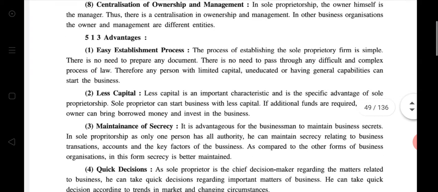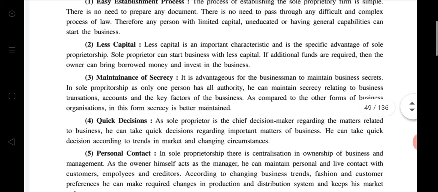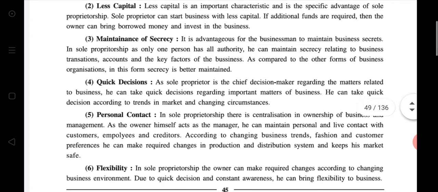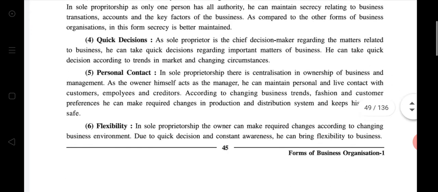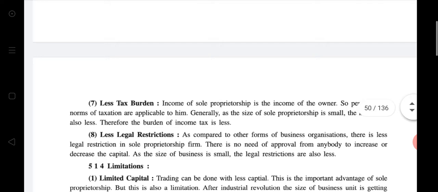Then the advantages of sole proprietorship. It is a little bit like characteristics. Many points in advantages and characteristics are the same. So easy establishment process, less capital, maintenance of secrecy, quick decision, personal contact, then flexibility, then less tax burden, then less legal restriction.